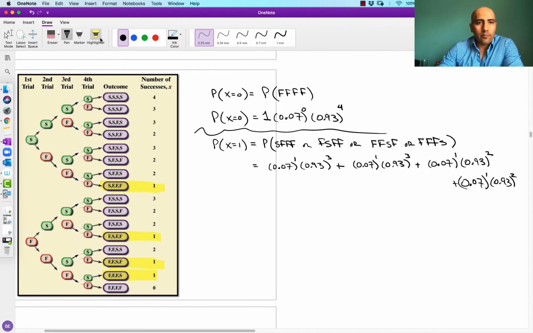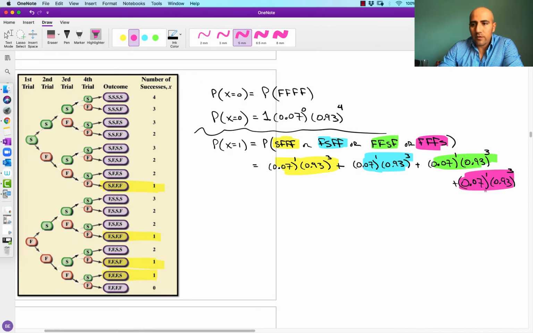Right? So the point is we have 4. This one represents 1 success, 3 failures. And then this one is represented by this one, 1 success, 3 failures. And then this one is represented by this one, 1 success, 3 failures. Oops, that's supposed to be a 3 up here. 3 failures. And finally, the last one is represented by this one.